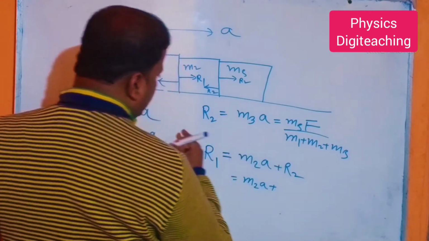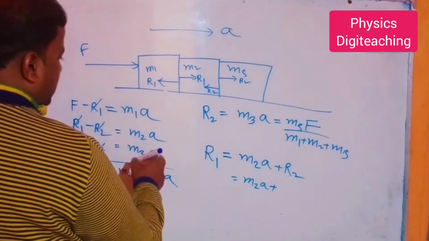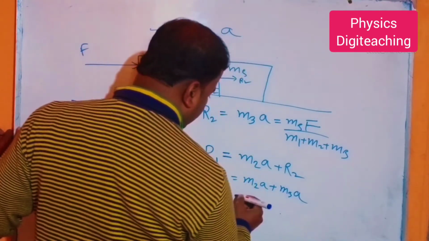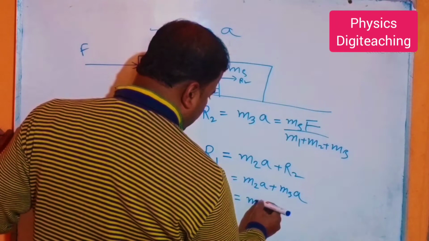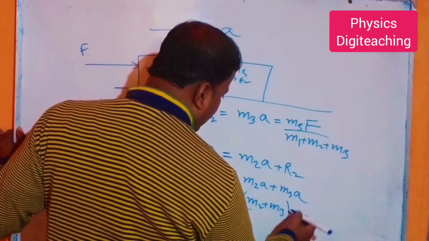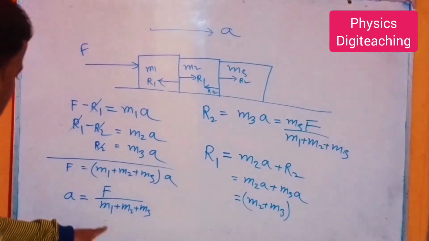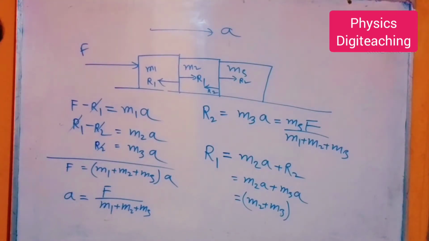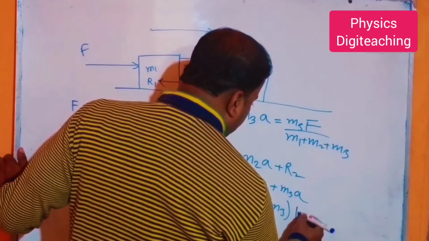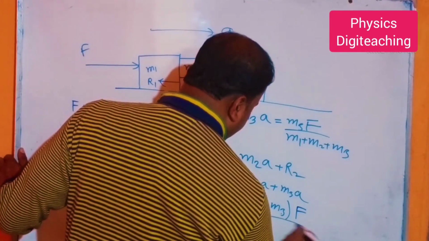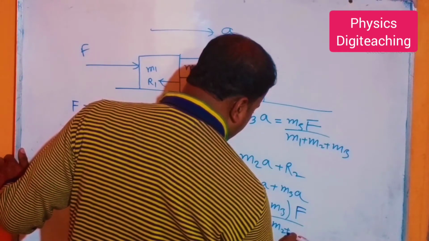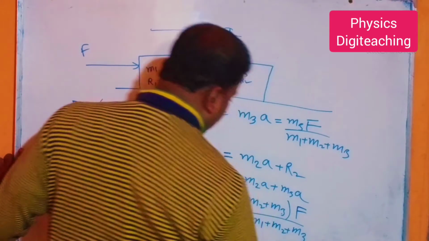R2 equals M3 A, then M2 plus M3 into A, and the value of A is F by M1 plus M2 plus M3, so R1 equals M2 plus M3 into F divided by M1 plus M2 plus M3.